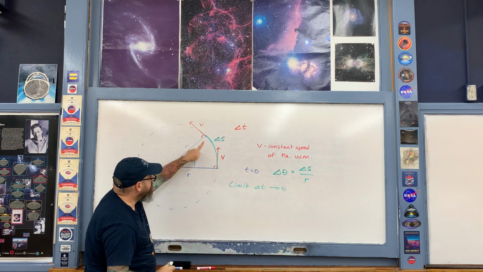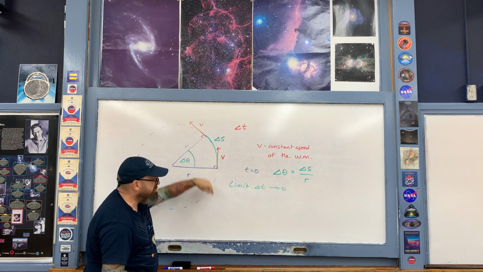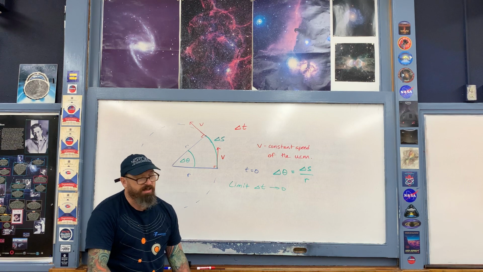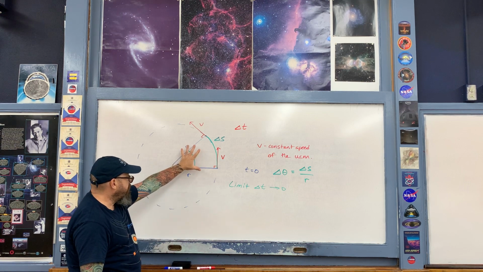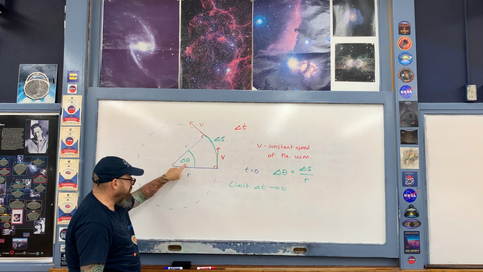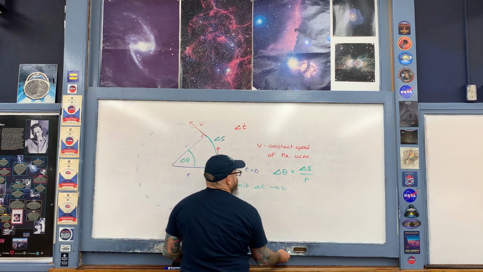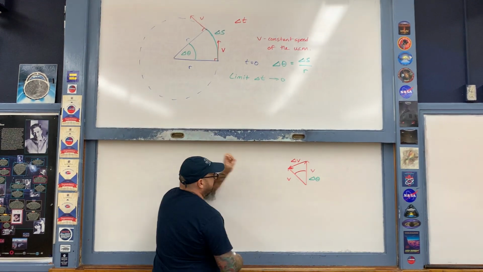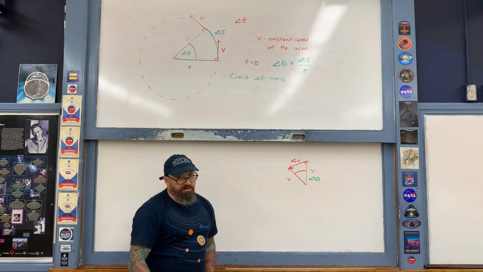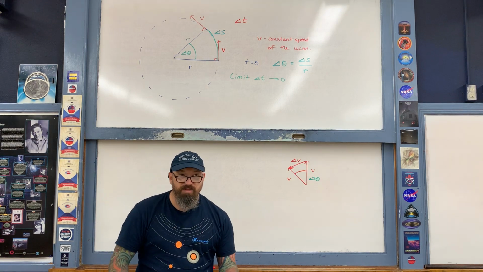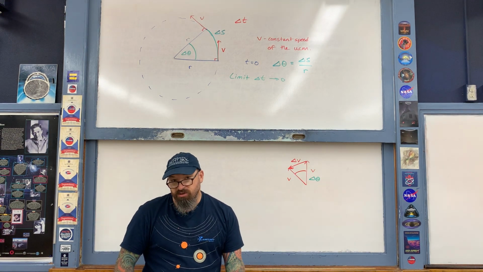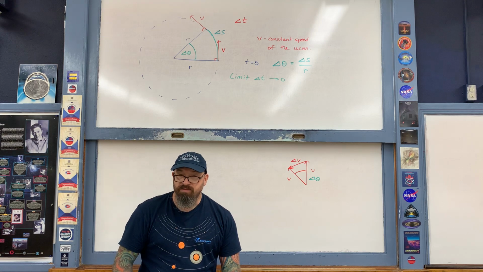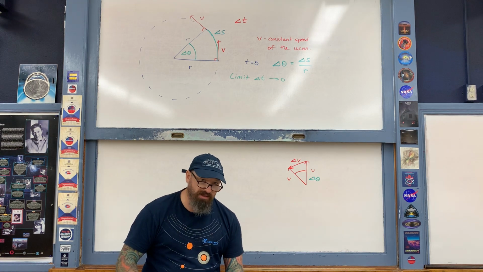And when we do, this arc length here on the circle becomes more and more a straight line. So then what you have right here is an isosceles triangle with angle delta theta. Right here you have an isosceles triangle with angle delta theta. Therefore the two triangles are similar to each other. This then means that they have the same ratio of sides.